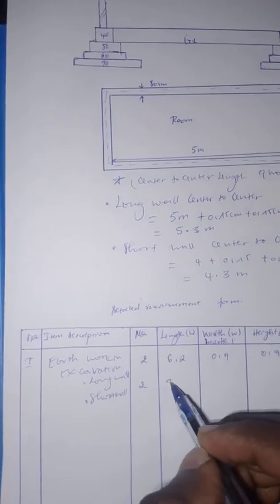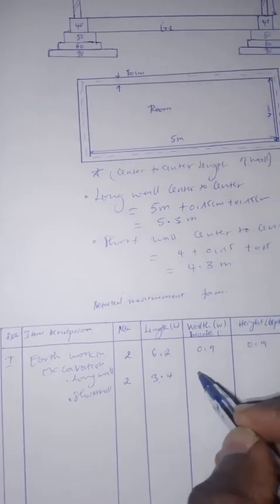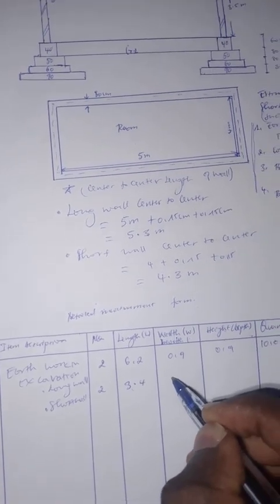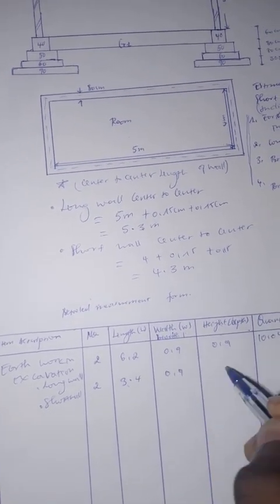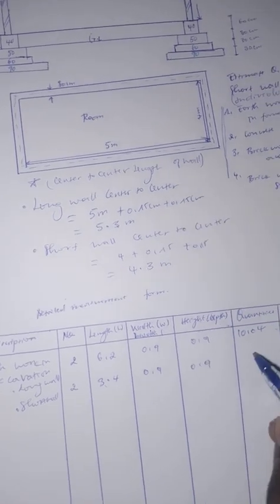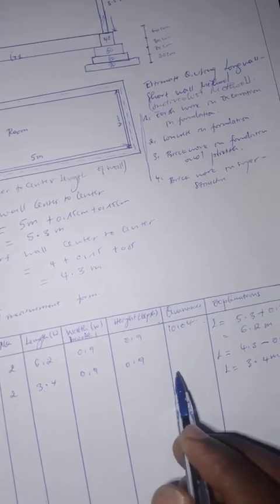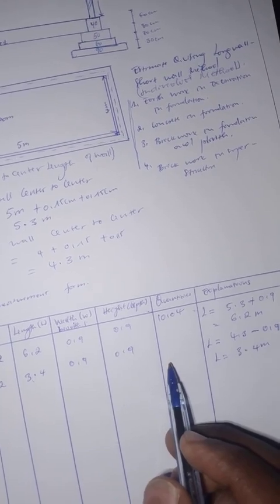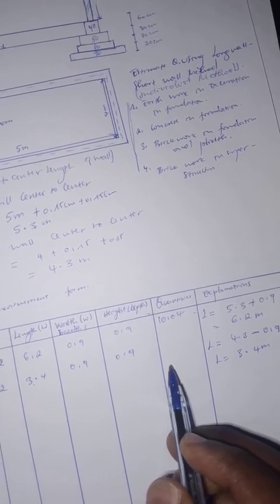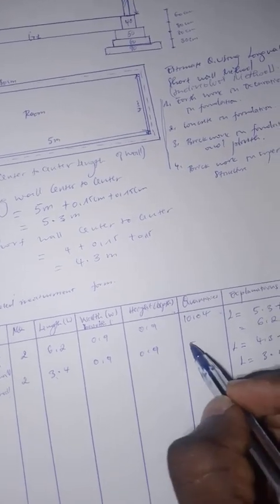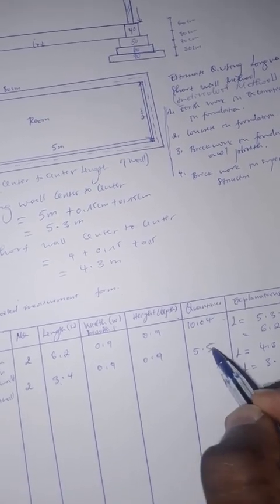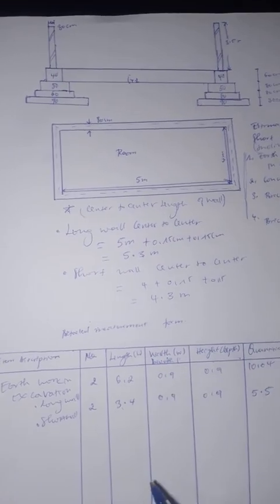Then here we take 3.4 multiplied with the width, which is the same 0.9, and height 0.9. We get 5.5 meter cube.